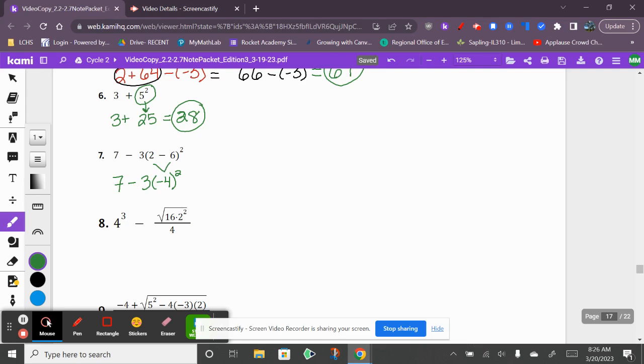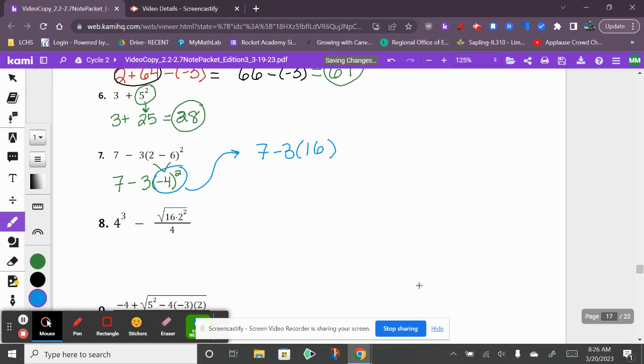And then I'm just going to bring down the rest. Okay, I do not have any more grouping, but I have an exponent. So I'm going to apply that exponent next. So this will be 7 minus 3, and then in parentheses, I'm going to leave the parentheses because it's being multiplied with the 3, so they're there to show multiplication. And negative 4 squared will give us 16.